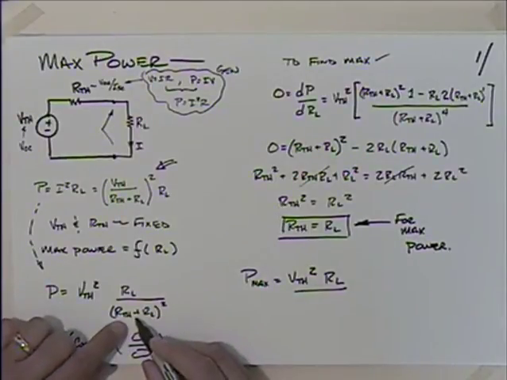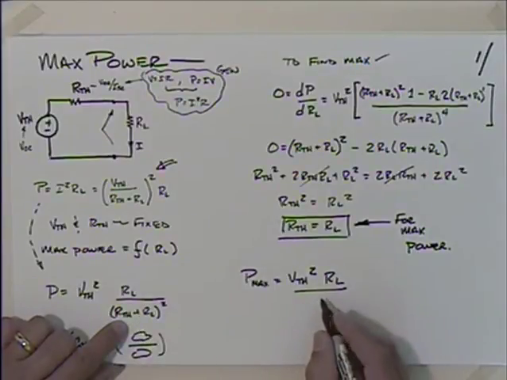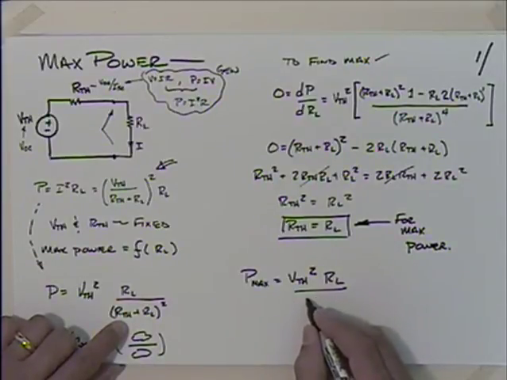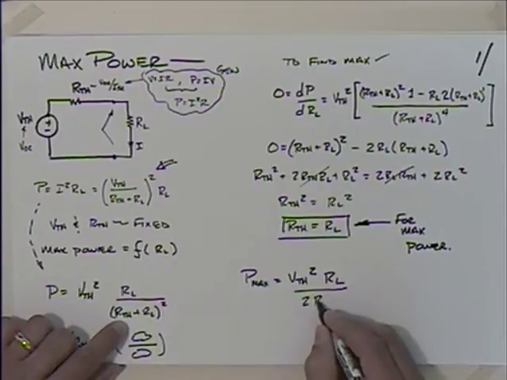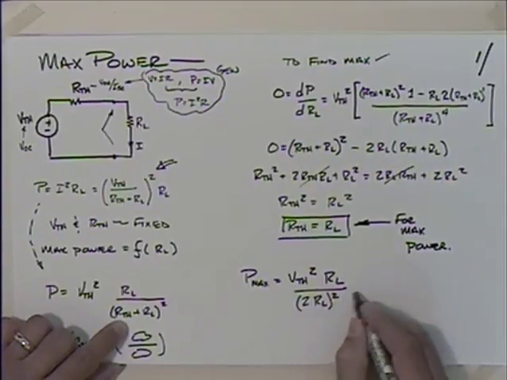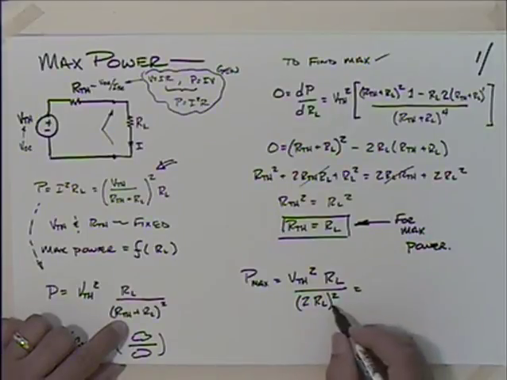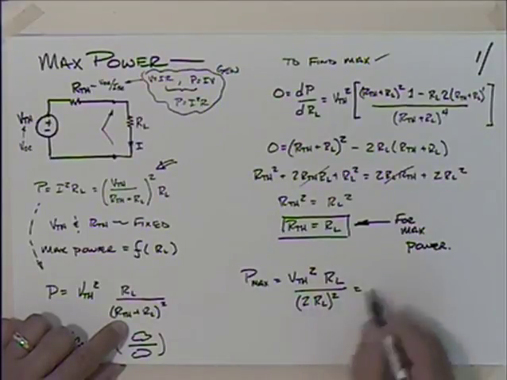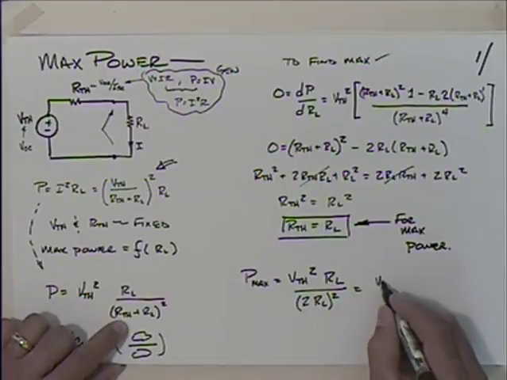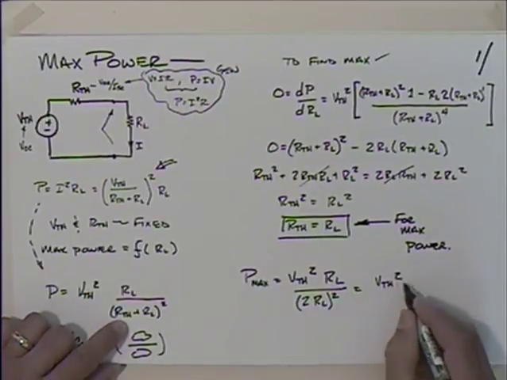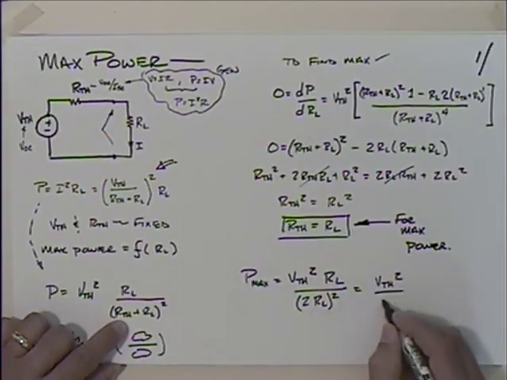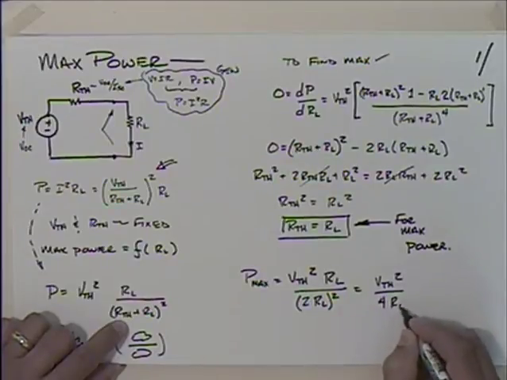If those are the same, that would be just essentially 2RL. And when you square 2RL, you get 4 RL squared, and you get to cancel that, so you have then V Thevenin squared. The RL you cancel with one of those, but you do have the 4 in there for RL.